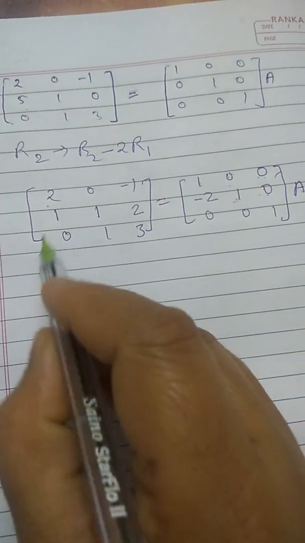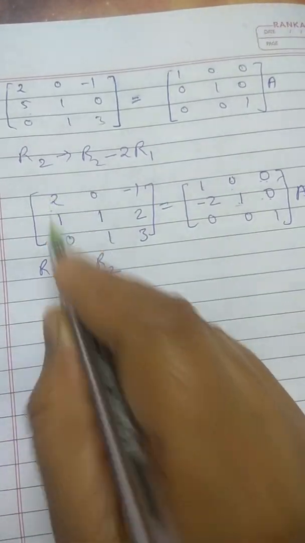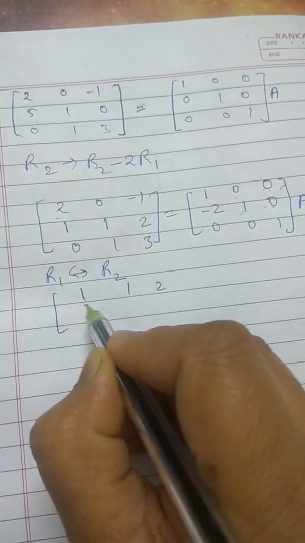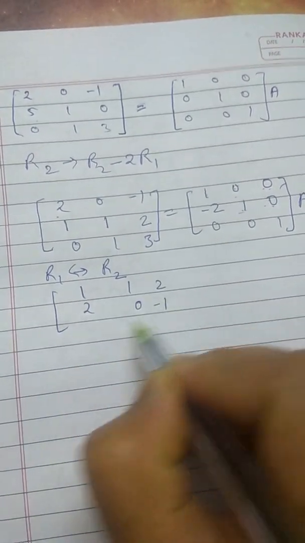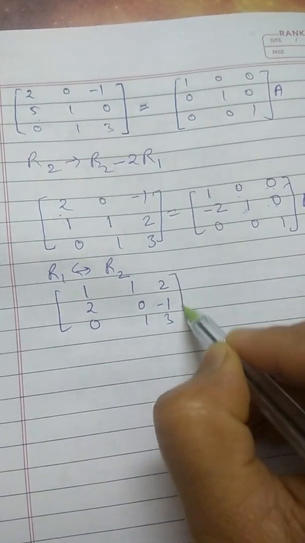Now we have to make the leading element 1. We can interchange R1 with R2, and therefore it becomes 1 1 2, 2 0 -1, and here 0 1 3.